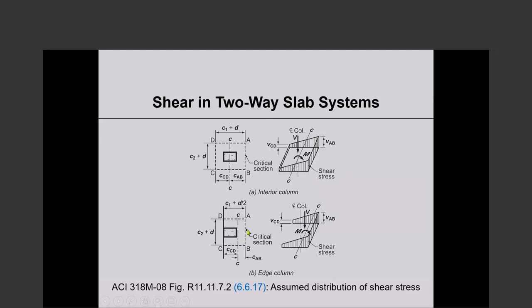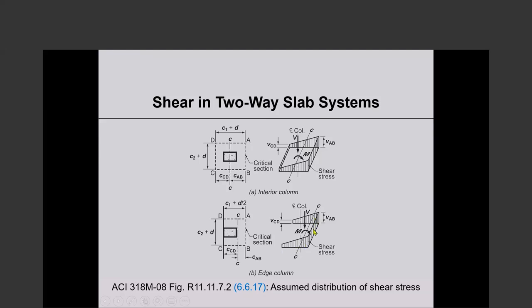If it is an exterior column, there are no shear stresses on the free face. Now there are three faces to the critical section. The direct shear causes uniform shear stresses on the three faces of the critical section, but the unbalanced moment adds to the shear stresses on this face of the critical section.